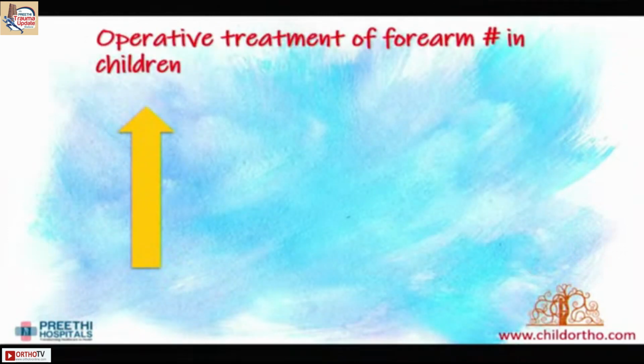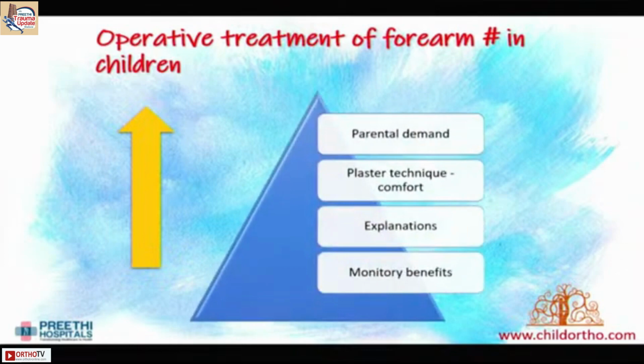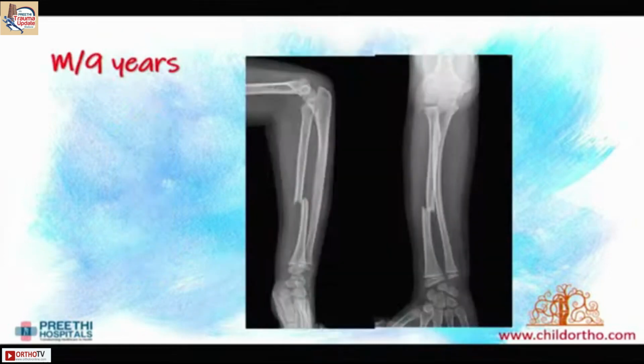So operative treatment is on the increase because parents are demanding it. We are not comfortable doing plaster treatment. We are not able to explain to the parents once angulations are there in the post-operative X-ray, and people don't pay us well if we do not put any metallic implant in our practice. And all this in combination has led us to do more and more operative treatment.